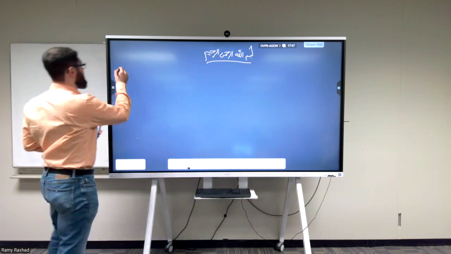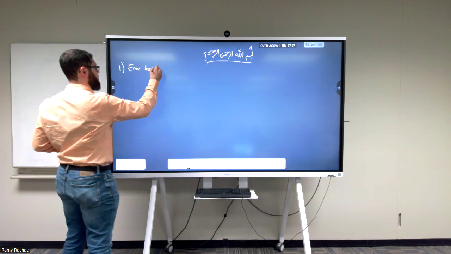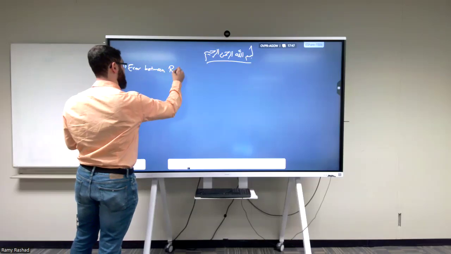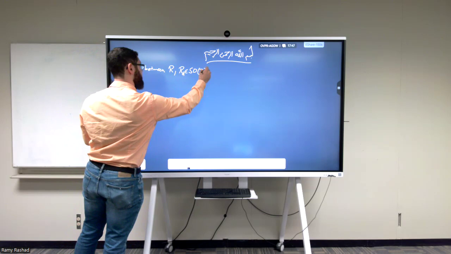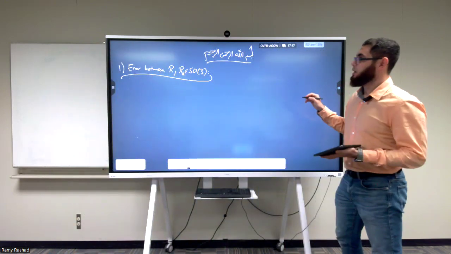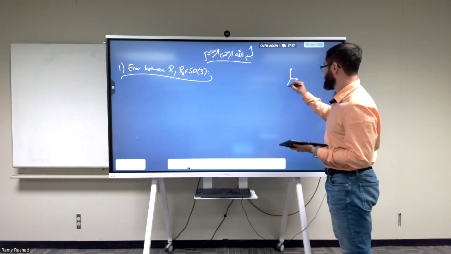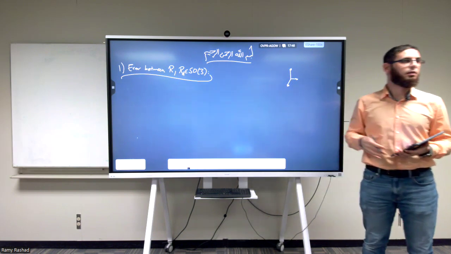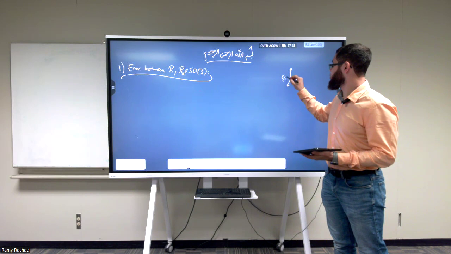So the first question is, what is the error between R and RD while both live in SO3? The picture that you should have in mind is that whenever we have a mechanical system, in this case this satellite, we already have an underlying stationary frame that we chose.